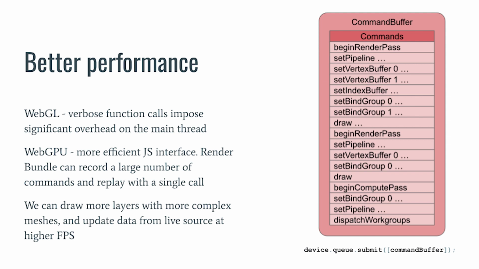In WebGPU, there's a command buffer. You set up a bunch of things, and it's issued and executed in a batch. And this theoretically can help us draw more layers, each one with more complex meshes, or update it dynamically from live source at a higher frame per second.